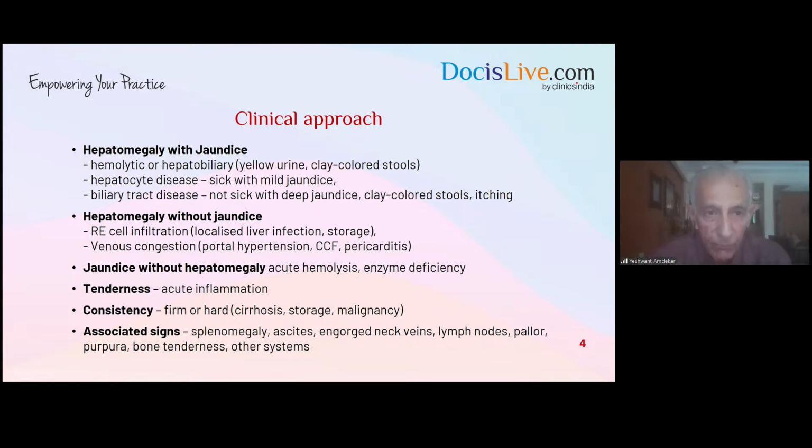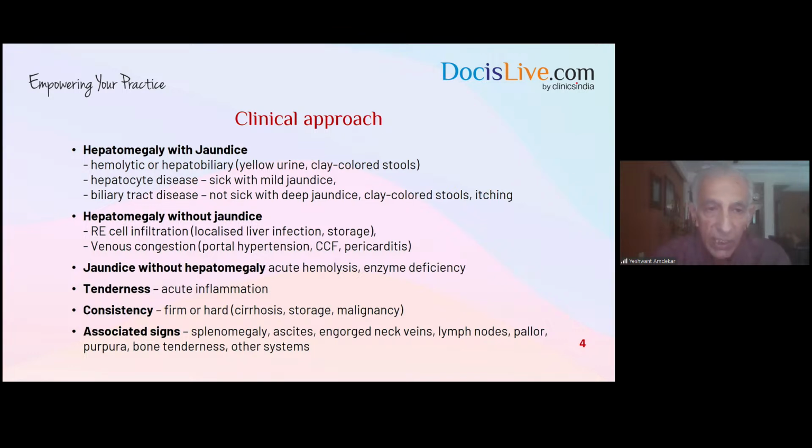To begin with, biliary disorders do not have hepatomegaly, but very soon, when there is biliary stasis, the bile ducts are accumulating bile for varieties of reasons. This bile seeps into hepatocytes and also causes a hepatocyte disease.